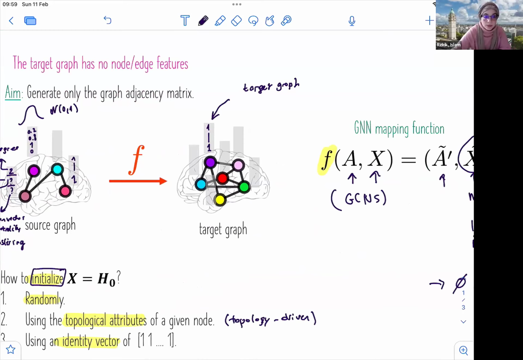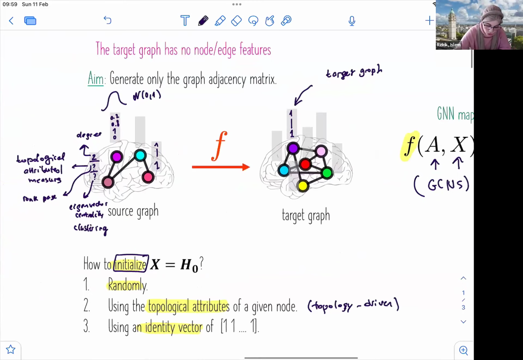So when we optimize this task, when we try to generate this graph, our network will learn these embeddings. Remember, guys, we do the update of the embeddings H in each layer K, and this is in the target graph. So we know already that we have 6 nodes. All we need to do is learn the embeddings of these nodes in the target domain.